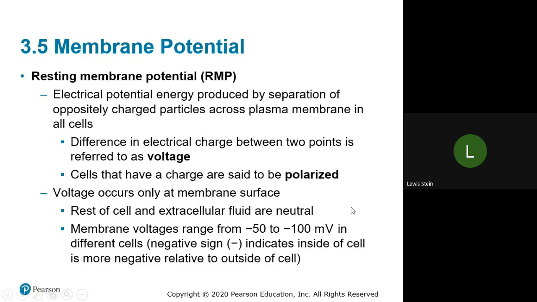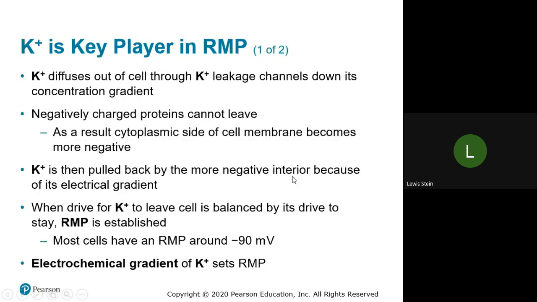So polarity. Again, this is the potassium, the key player in resting membrane potential, offset by proteins that are negatively charged. So the interior is electrically neutral, but areas close to the membrane are not. Potassium is pulled back in, as you saw before.